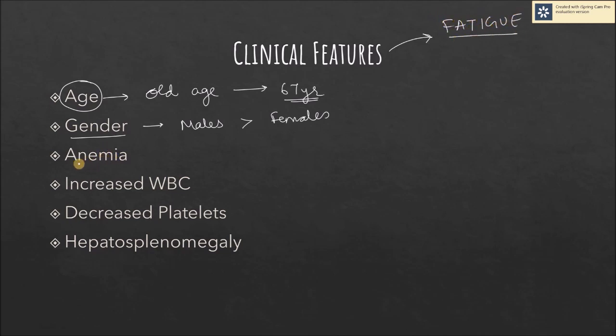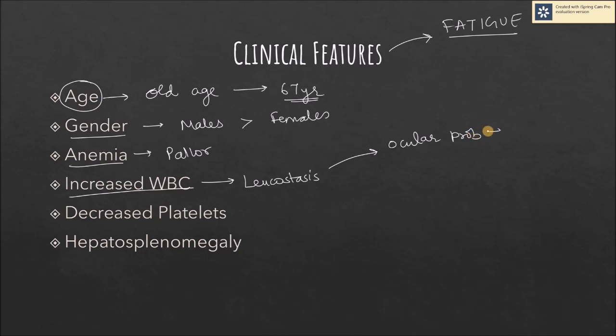There is anemia, so the patient will have pallor. The increased WBC will cause leukostasis, which can manifest as ocular problems like blindness. Brain function can also be hampered.